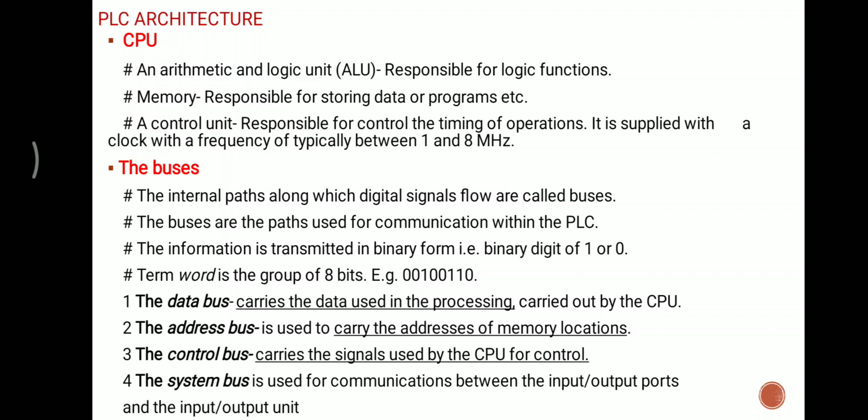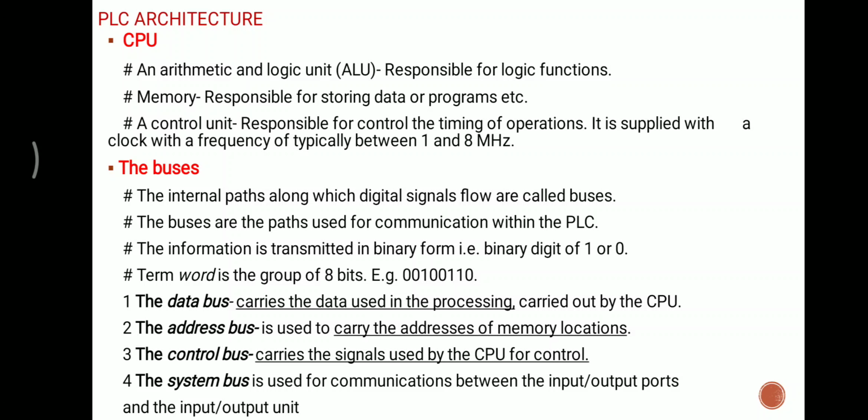The information is transmitted in binary form, that is a binary digit of 1 or 0. A word is a group of 8 bits. By combining these 8 bits of 0s and 1s, they form one word or one byte, and the transportation of these words takes place in the buses.